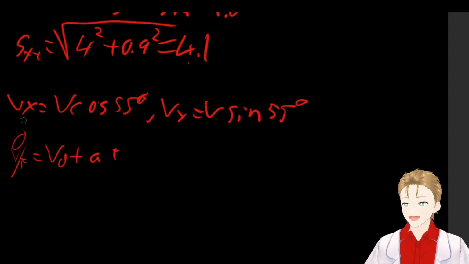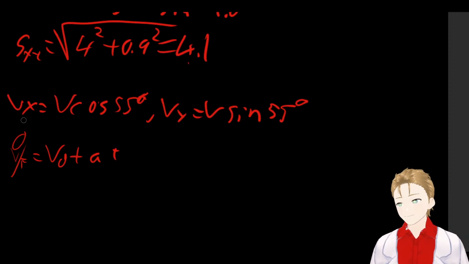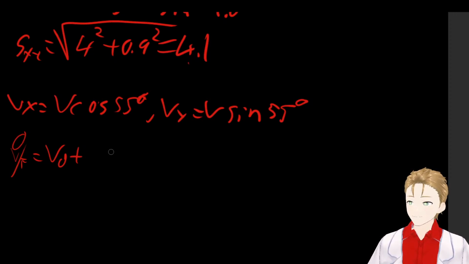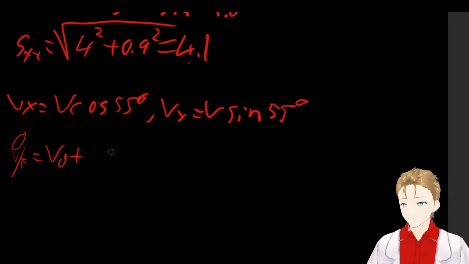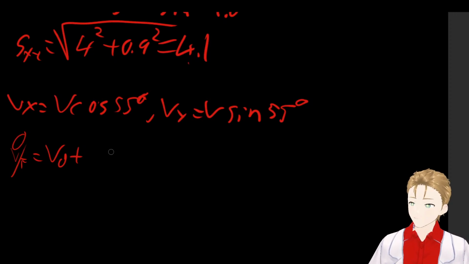We'd zero that out. Then we're stuck with v0, which we don't know. And we don't even know the t. We know the acceleration, but no times. We want the initial though.